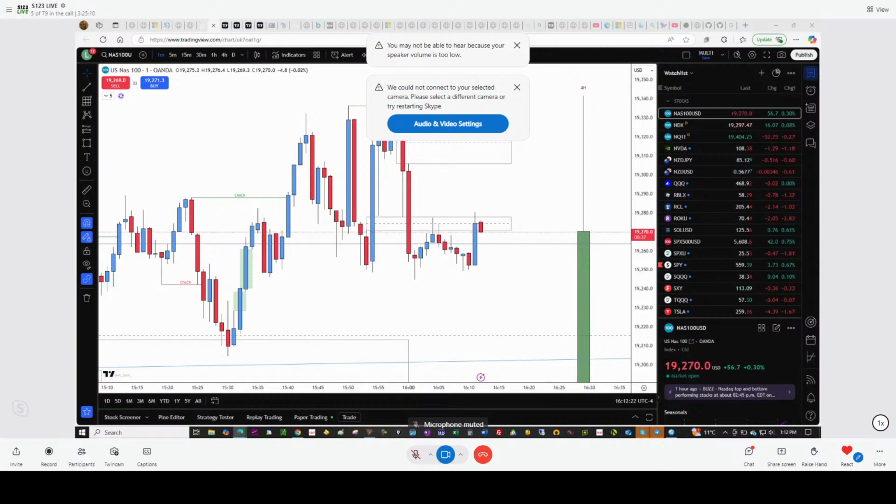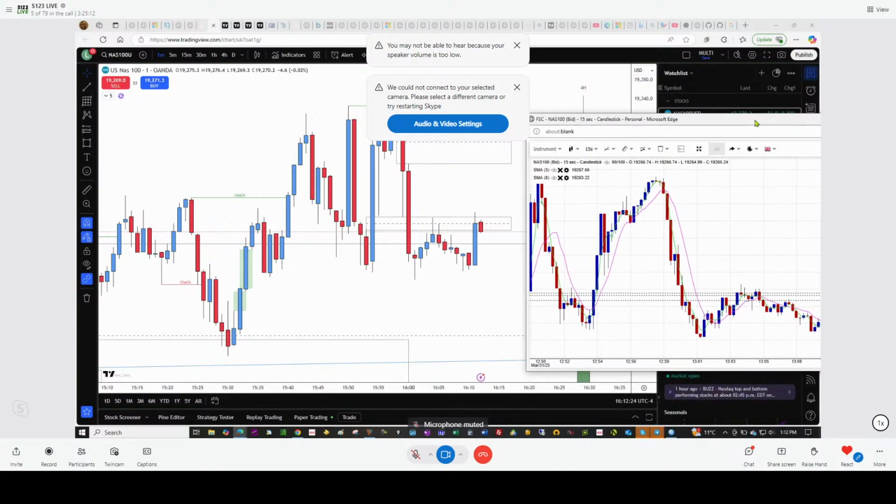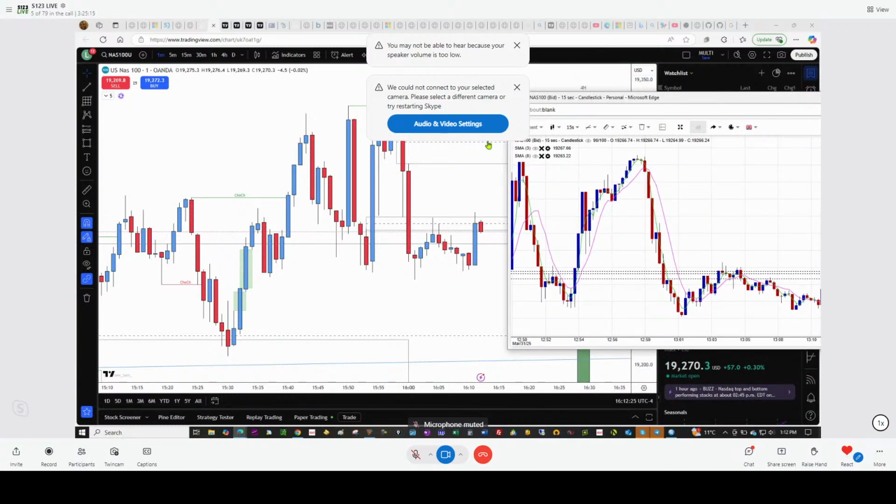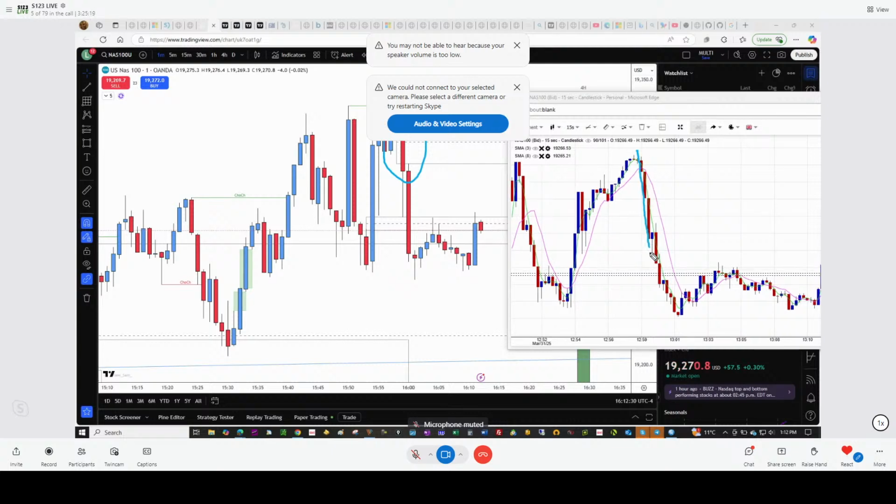Okay, so what I'm saying is, at this point here, there's a 1, 2, 3 there. So you see on the second chart, this is 15 seconds, this drop becomes a fourth wave. And so we can gyrate in here and drop. That's what it's doing.